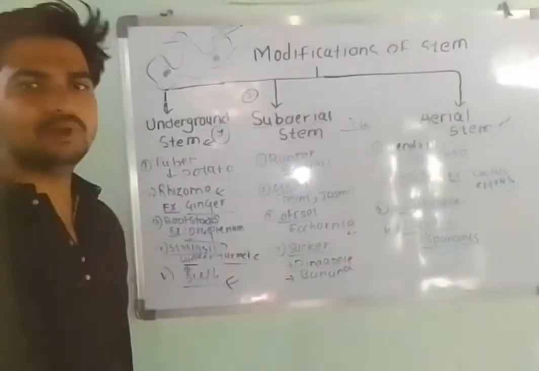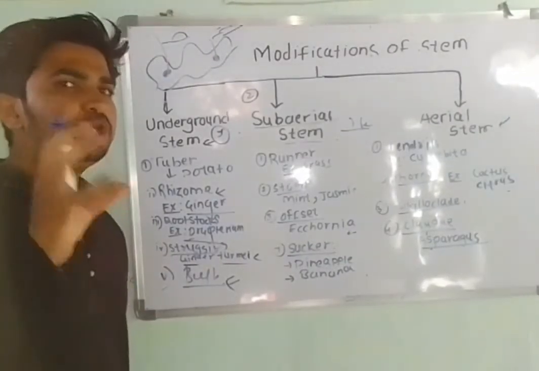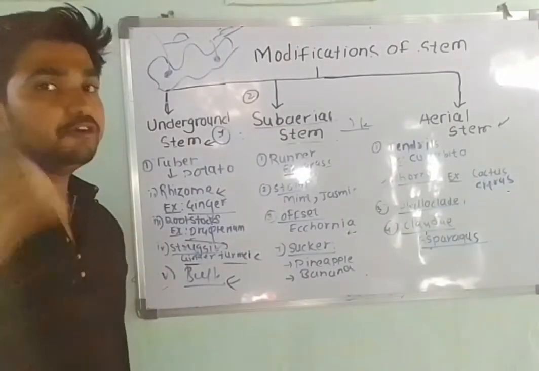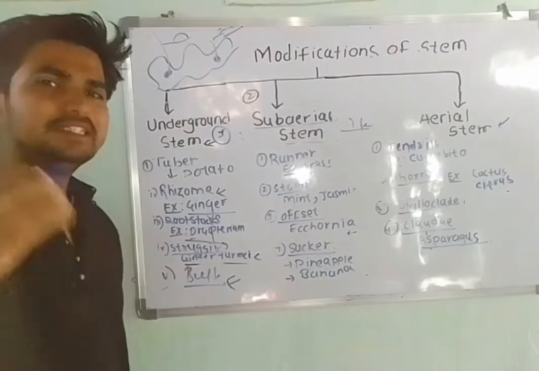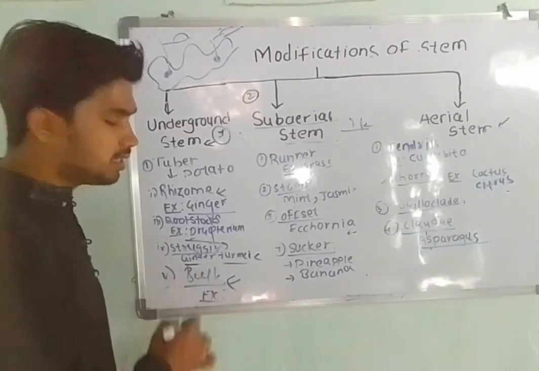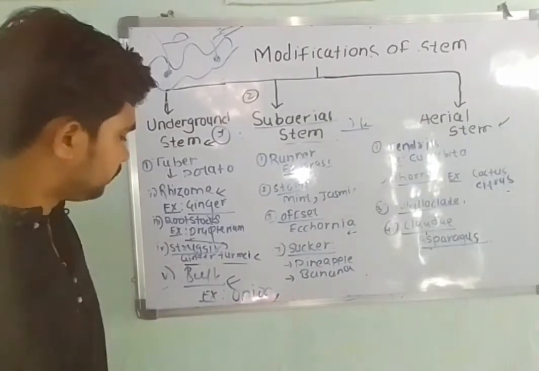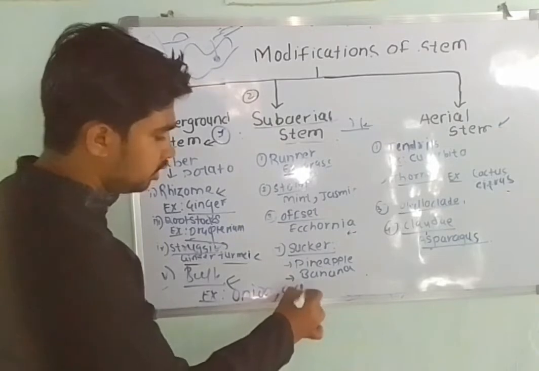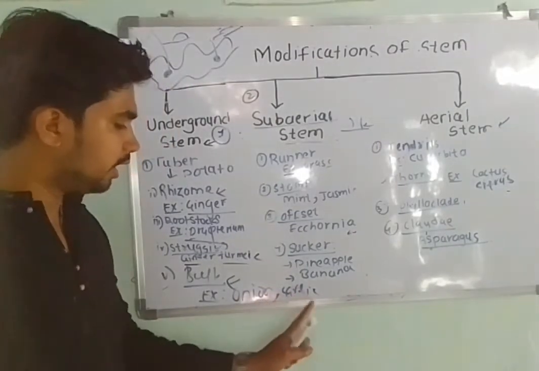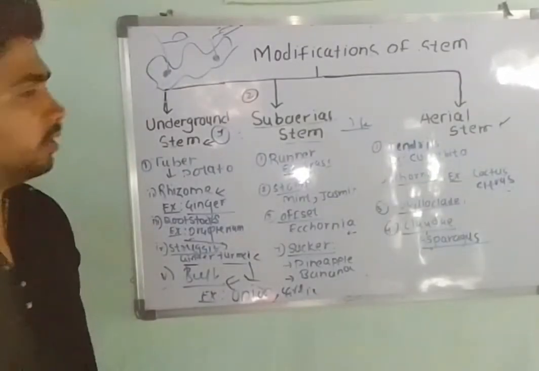We can easily see in our home that one type of bulb is present. Bulb examples are onion and garlic. Garlic is a simple bulb, and onion is a complex bulb.